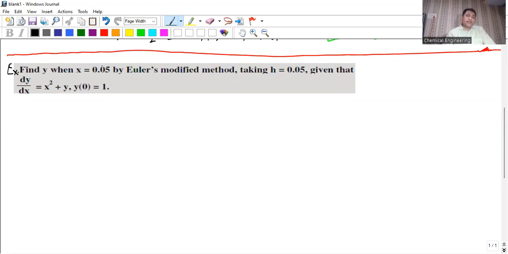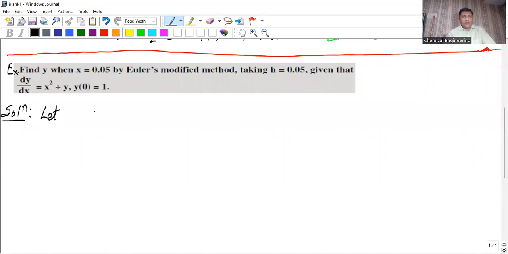You can see x is 0.05 and h is also 0.05, so we can find it in one step. Let us try to understand how this method works and where we have to stop, and then we'll go for two steps. Here we have to find the answer in one step.